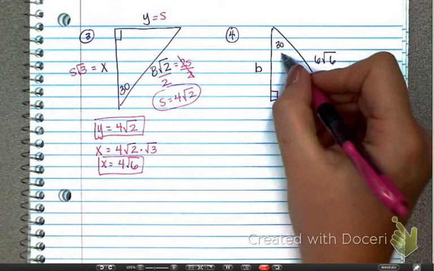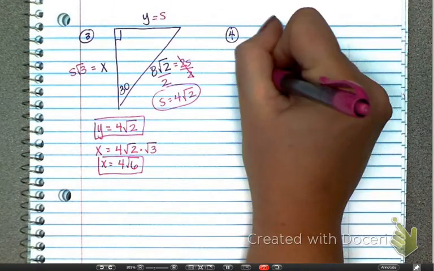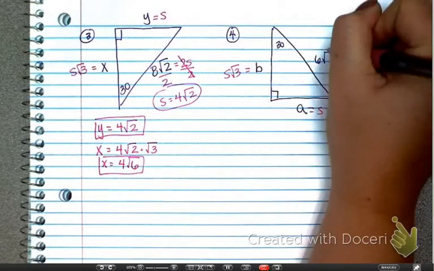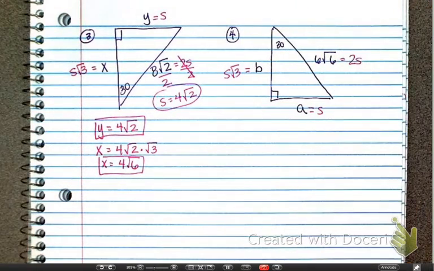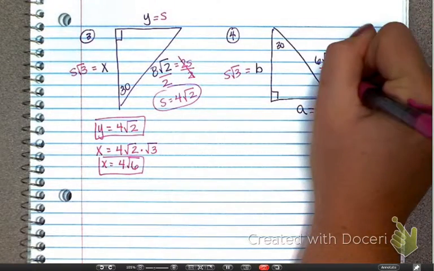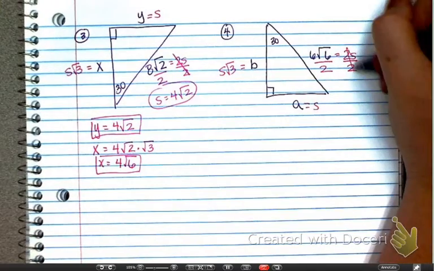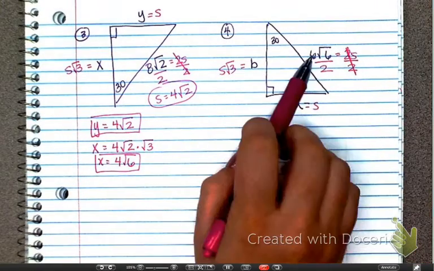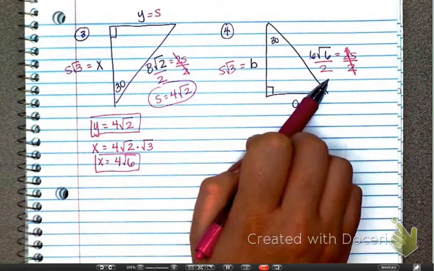Okay, so let's label the second one S, S radical 3, and 2S. So again, I can use the hypotenuse to solve for s, and again, I'm going to divide by 2. When I do that, these 2's cancel, and the 6 and the 2 reduce.